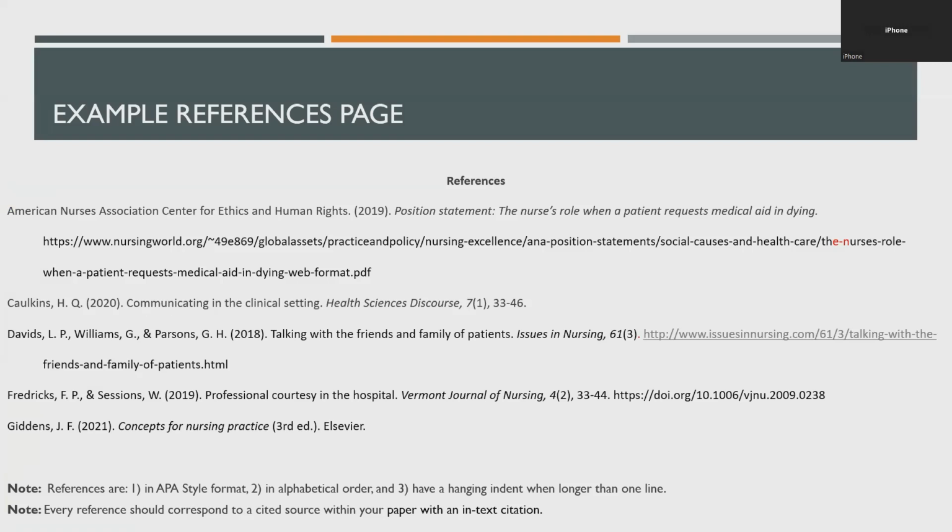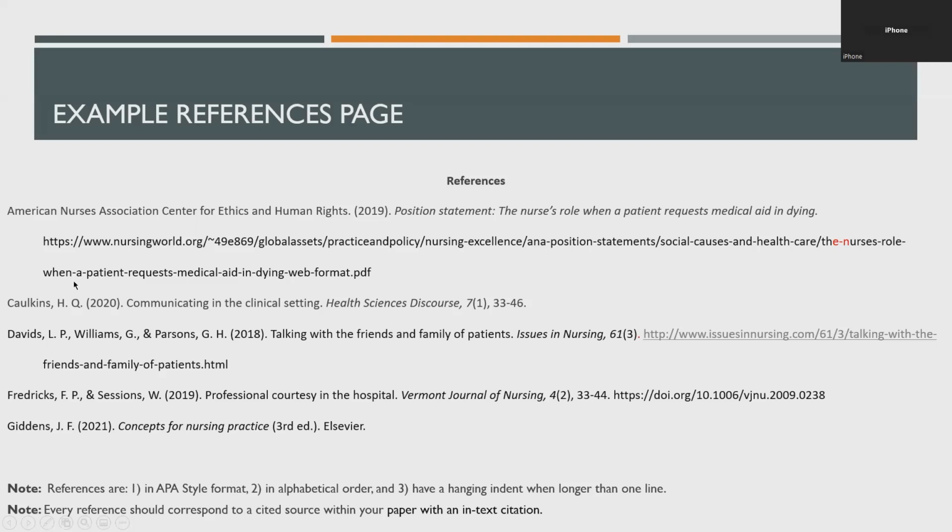And here we have an example of a references page. So at the bottom of an essay, this is what your references would look like. You're going to put the word references, centered in the middle of the page. You're going to bold it. Your sources are going to be in alphabetical order based on the first letter. So A, C, D, F, G, those are in alphabetical order.